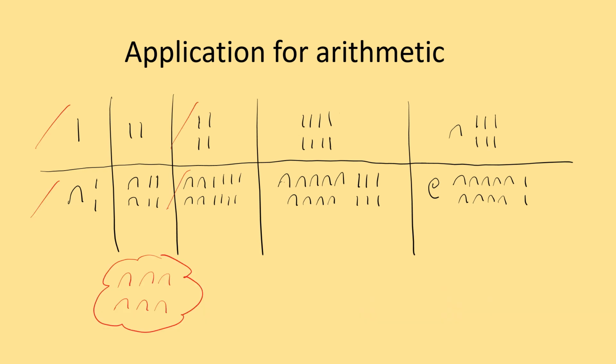So using this table, if I want to find an odd multiple of 12, such as 5 times 12, I just need to add 1 times 12 and 4 times 12, because 1 and 4 is 5. So looking at the Medu Netia, one group of 12 is 12 and four groups of 12 is 48.